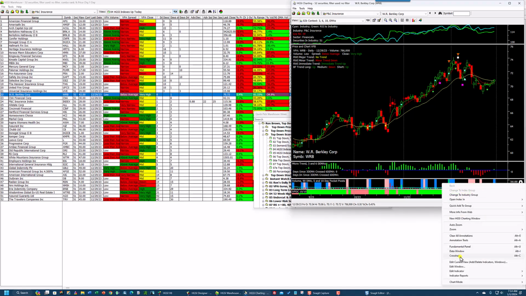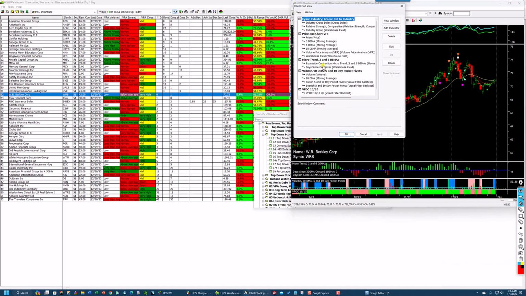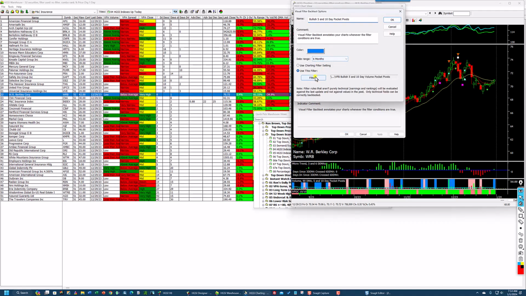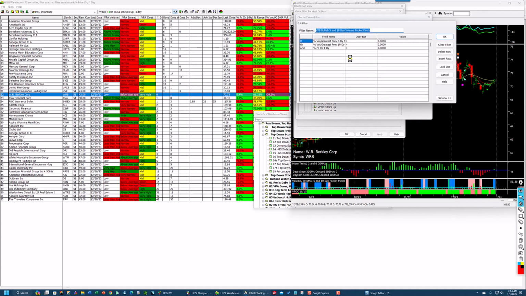I'm going to show you this, edit the current view. And let's just look at the filter. Here it is: percent volume greater than previous 5-day down volumes greater than 0. 5 or 10 days, and the percentage price change on the security has to be up for the day.